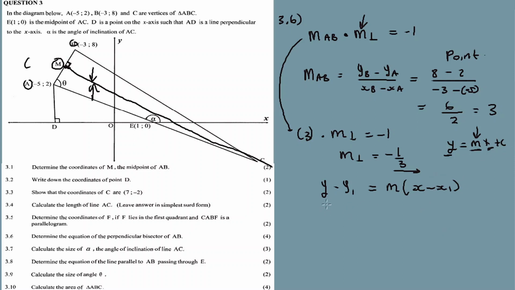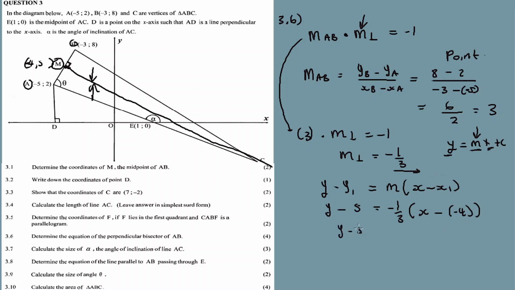I'm just going to use y minus y1, taking the coordinates negative 4 and 5 of the midpoint and substituting them here. y minus 5 is equal to the gradient, negative 1 over 3, times x minus x1, which is negative 4. I put in the x coordinate of the midpoint.